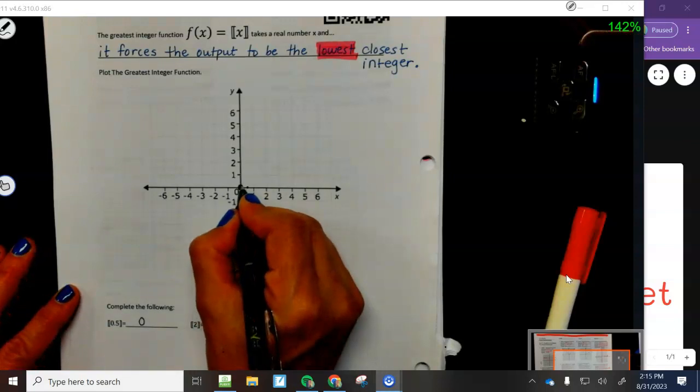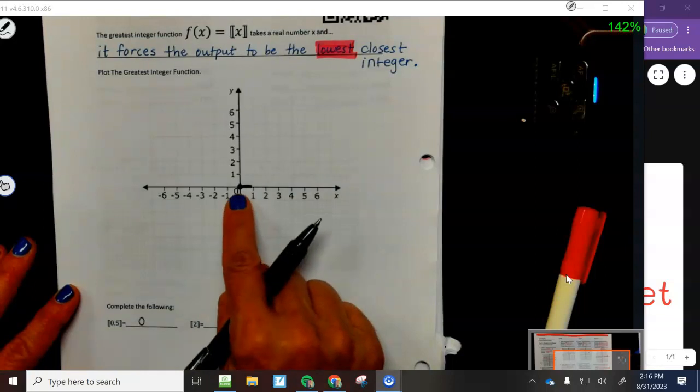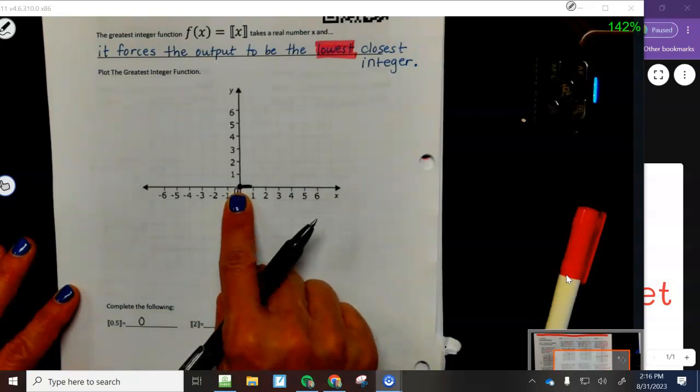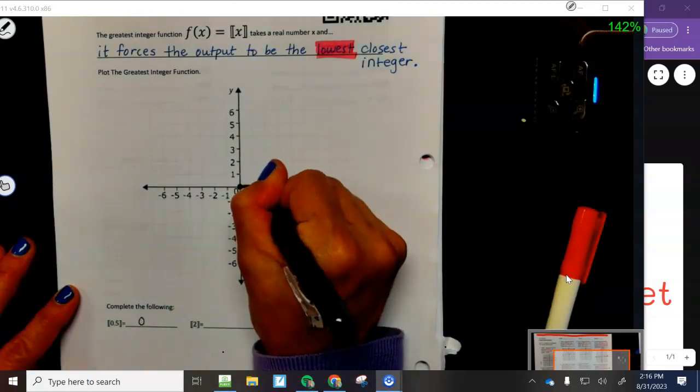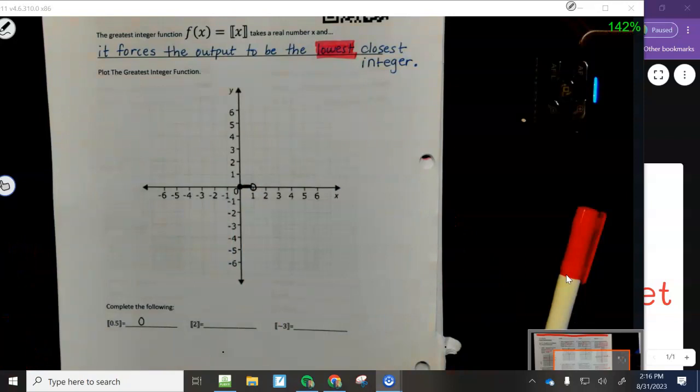Which one's lowest? 0. So the output is going to be 0. Which means every single little decimal right here is going to get rounded down to 0, excluding 1. Draw an open circle on 1. So what happens at 2?